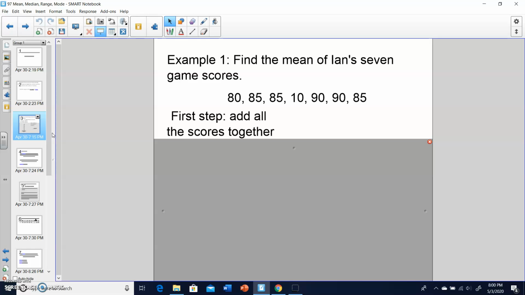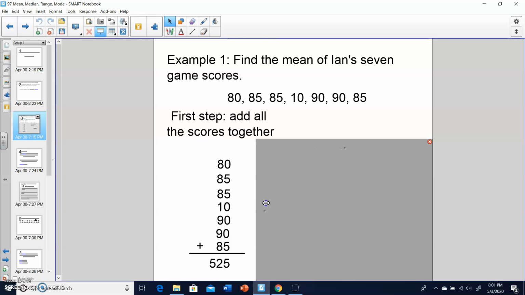80, 85, 85, 10, 90, 90, 85. So first we are going to add all the scores up together. I will say if you have a calculator at your house handy, for this lesson you may use your calculator to help you add up the numbers. Okay, so we add up all the numbers together, and we end up with the number 525.